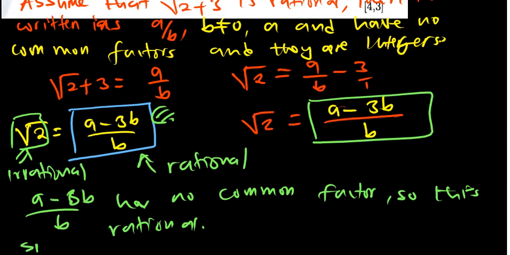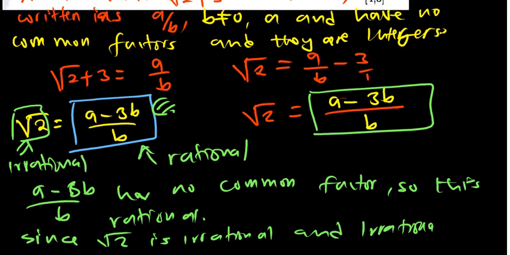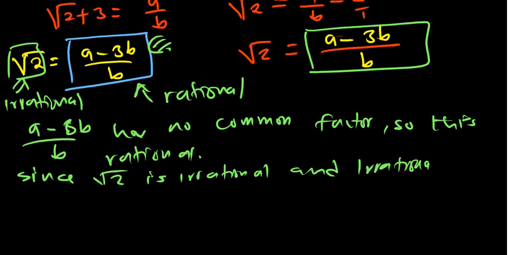Another statement, the last one: since the square root of 2 is irrational, and irrational can never be equal to rational, irrational cannot be equal to rational.